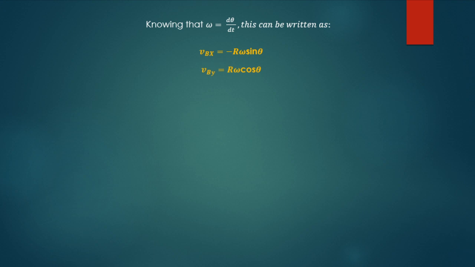And also dy sub b over dt is v by, which is equal to r omega cosine theta. If we get the total velocity of point B, it is given by vb is equal to vbx plus vby.